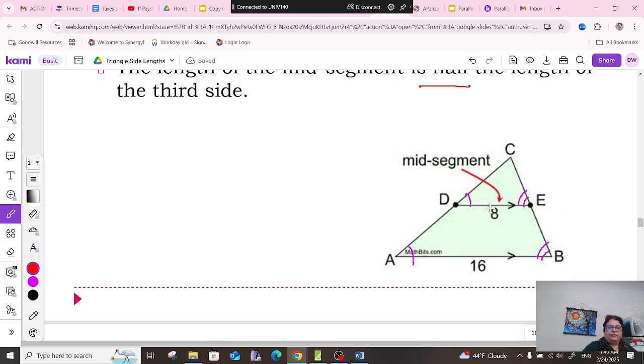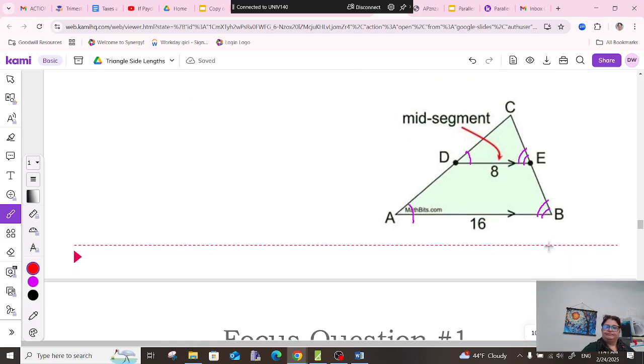These two lines are going to be parallel, and because they are parallel, their corresponding angles will be the same. So this angle and this angle will be the same, and this angle and this angle will be the same. We're going to talk about that more tomorrow when we get to similar triangles. And everybody's going to say, ooh, yay.